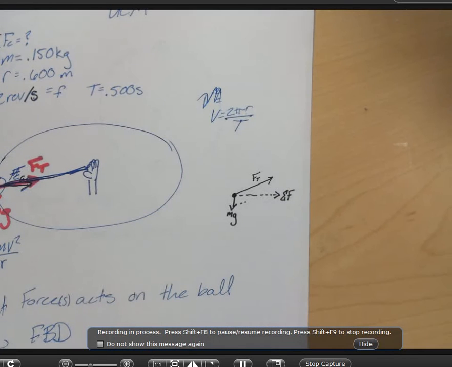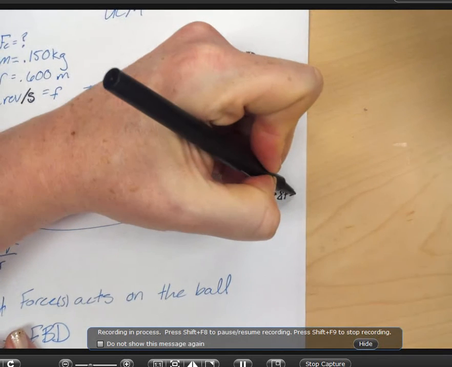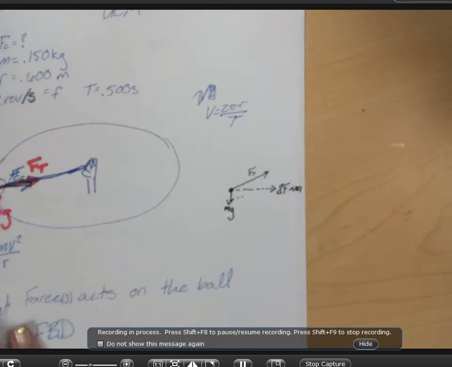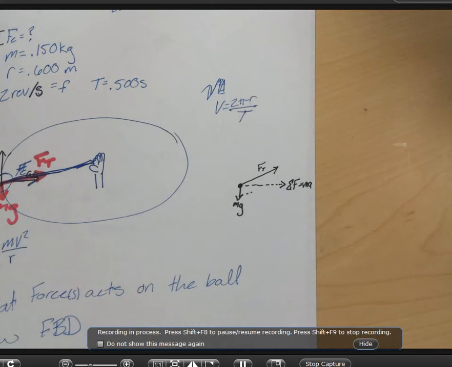And that net force, by vector addition, will be pointing toward the center of the circle, and that will be equaling mass times acceleration. So that means that when we do this, we could break this down into the x and the y axis.